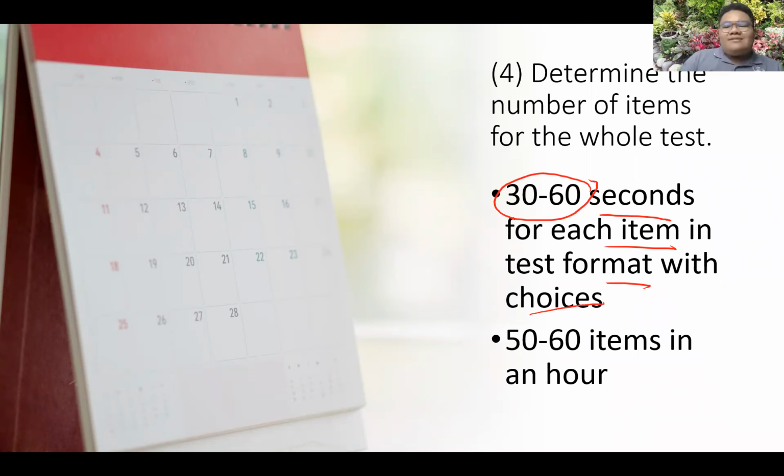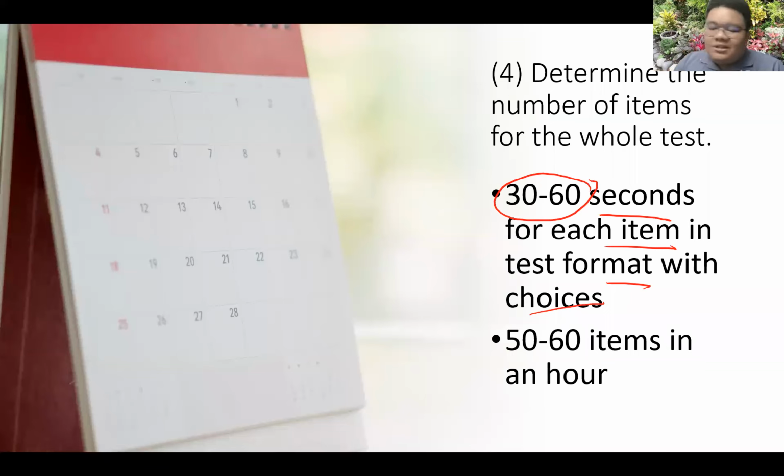That's why, in test-taking strategy naman, sa inyong mga student, kapag kumukuha kayo ng exam, nagsasabi din kami na if you spent more than a minute or if you spent more than 2 minutes, let's say, for example, for a certain item, it's better for you to consider skipping that item first and then going to the next because you're spending too much time na on one item.